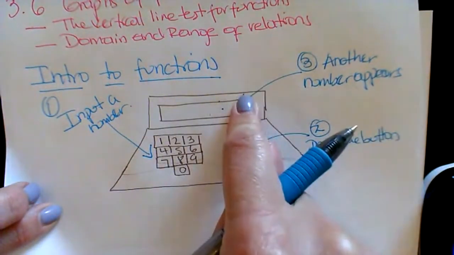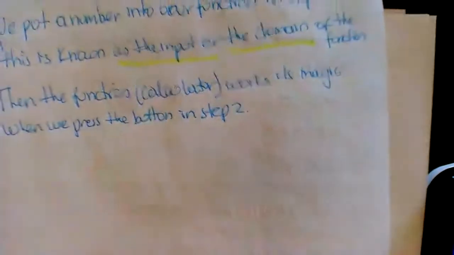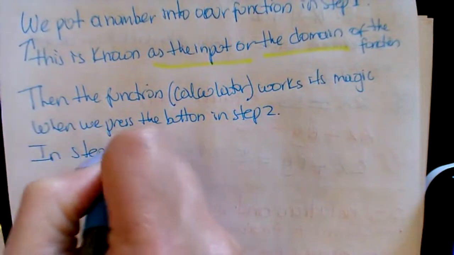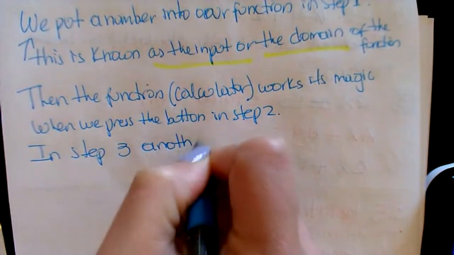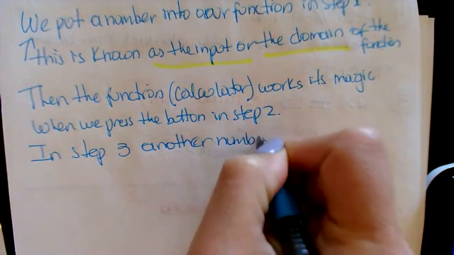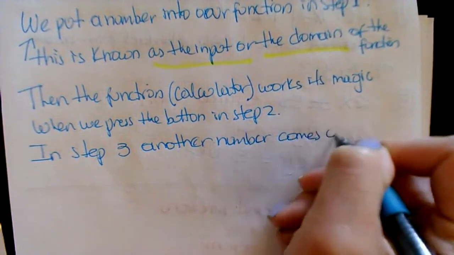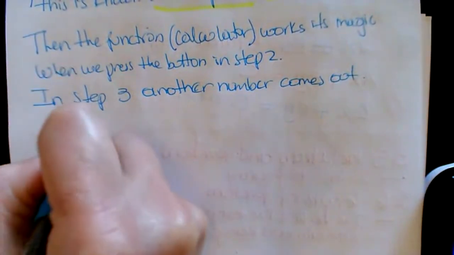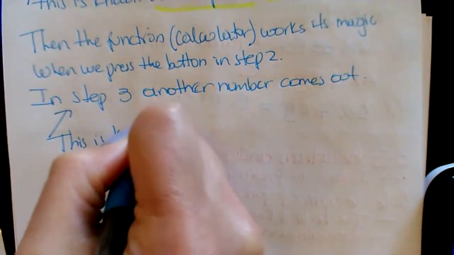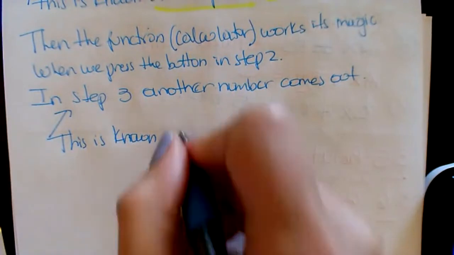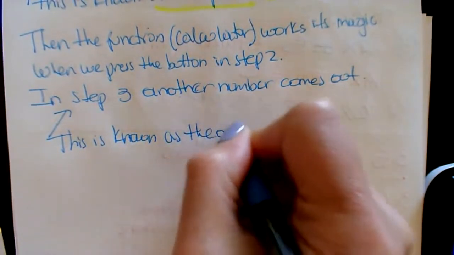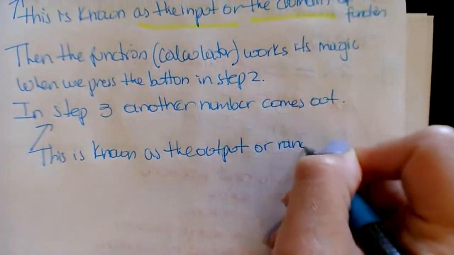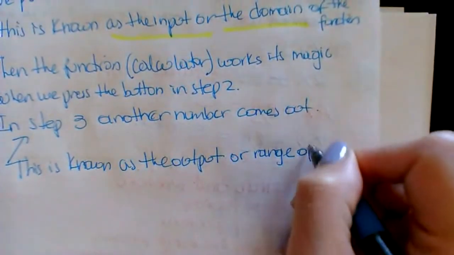In step 3, another number comes out. And this is known as the output, or range of the function.